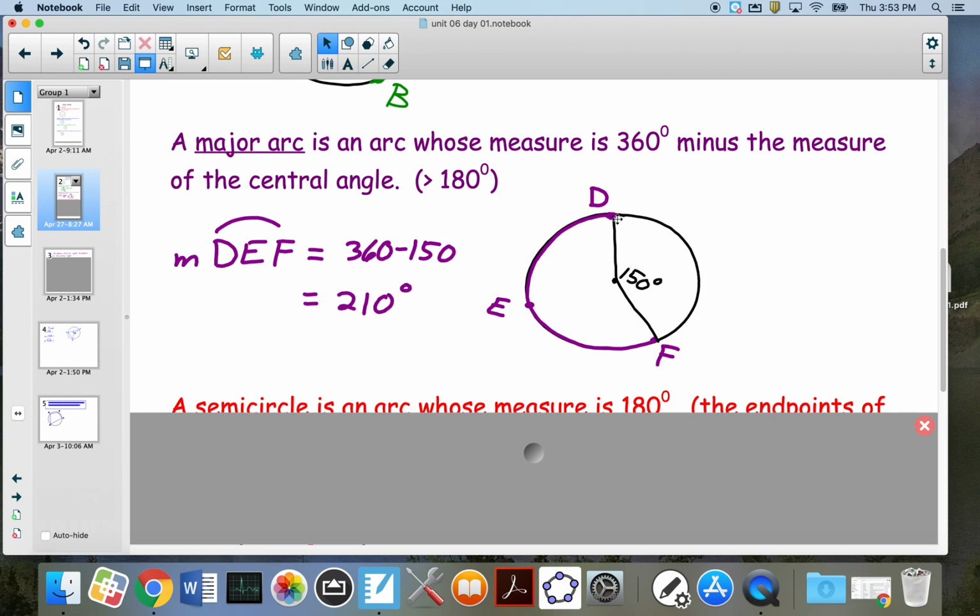So in this example, I don't have a letter for the center, so let's call it letter C. If I know that angle DCF is 150 degrees, then I know the measure of arc DF is also going to be 150 degrees.